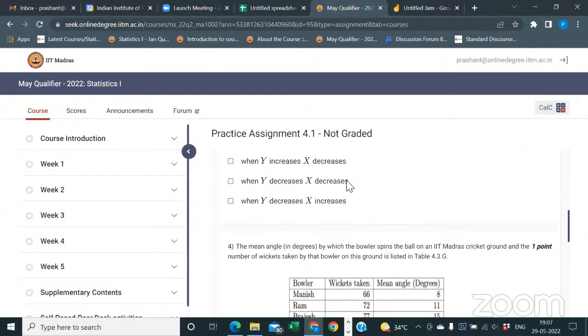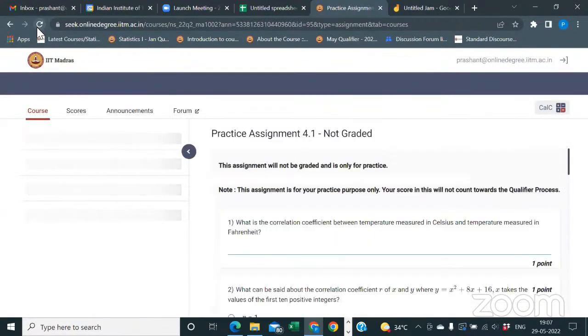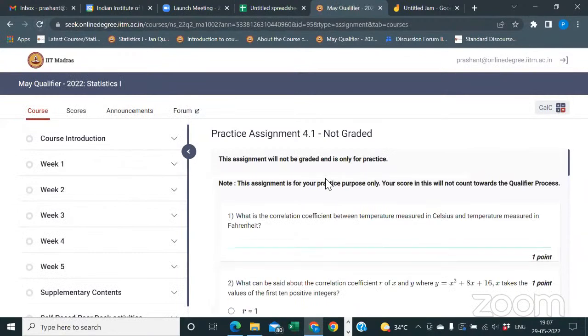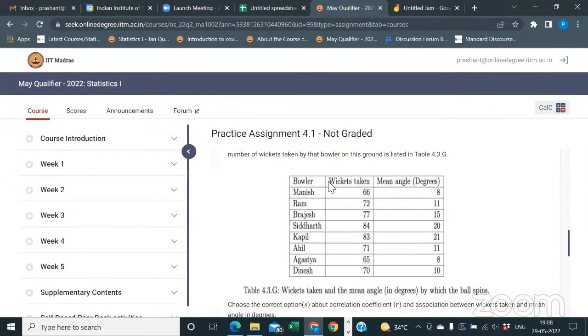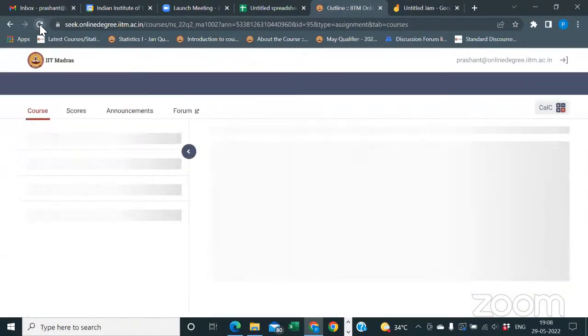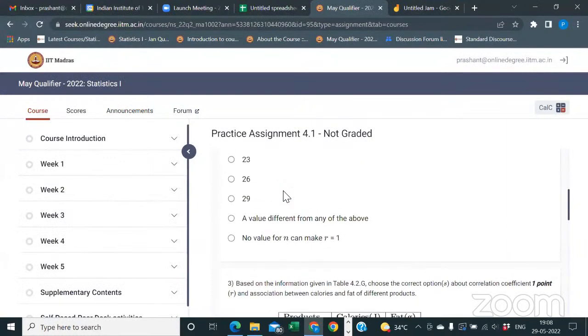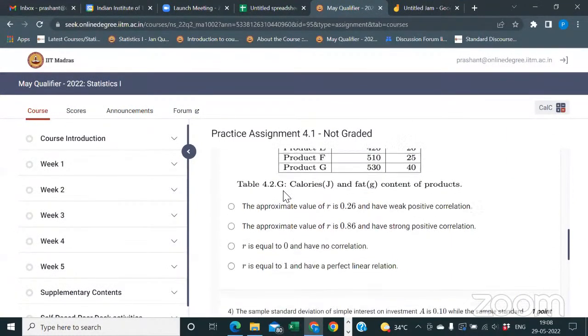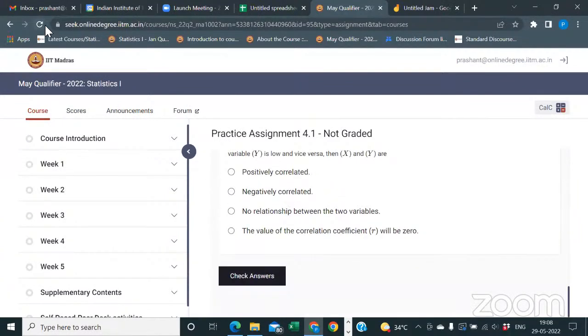The question I'm telling you: let R be the sample correlation coefficient for the data pairs xi, yi, where i is equal to 1 to n. Then the sample correlation coefficient for the data pairs a plus bxi, c plus dyi, where i is from 1 to n, provided that b and d have the same sign, is, and there are options.